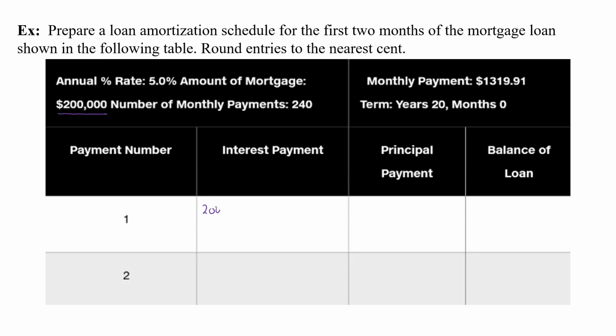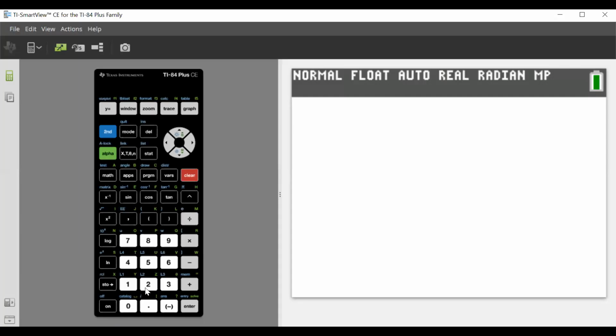So that's going to be $200,000 times our rate, 0.05. And remember, we have to divide that by 12, and that should give us our interest there. So let's go check that out. Let's clear all that out so it's easier to see.